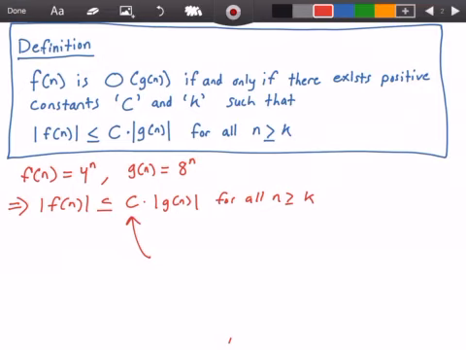So we're going to assume some value for our constant k. I'm just going to erase those markings. Now we're going to assume that k equals 1.